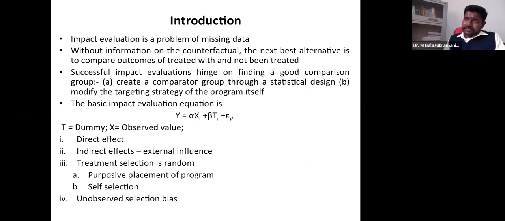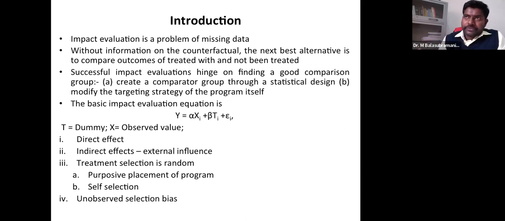So for reducing the influence and the errors, we follow different types of impact evaluation tools. The most common one is the impact evaluation of a program or a policy. Obviously it already has a purpose: where the program is implemented, where the policy can be used, and in which area, the locality.